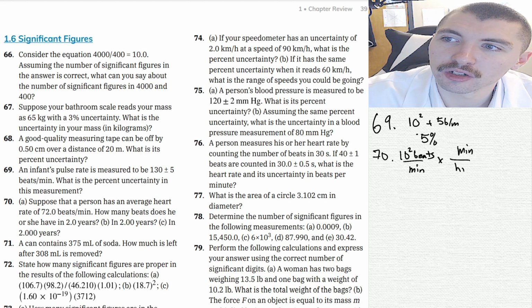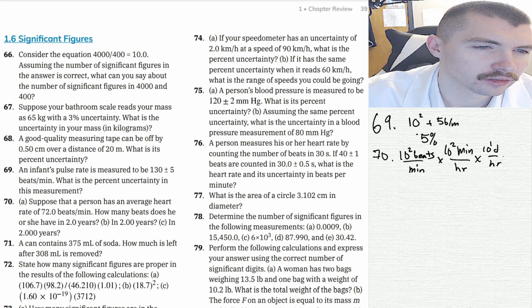So how many minutes are in an hour? 10 to the 2. Okay, how many hours are in a day? 10 to the 1. There's 24 hours in a day. It's about 10 to the 1.